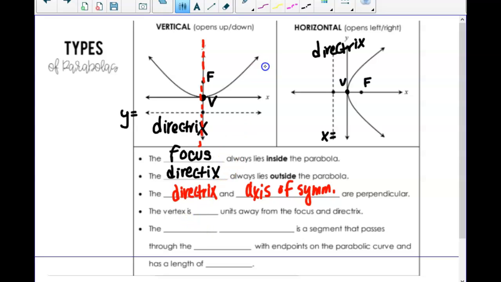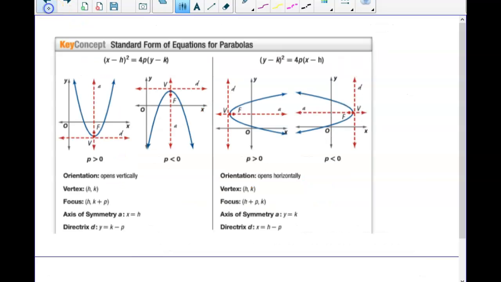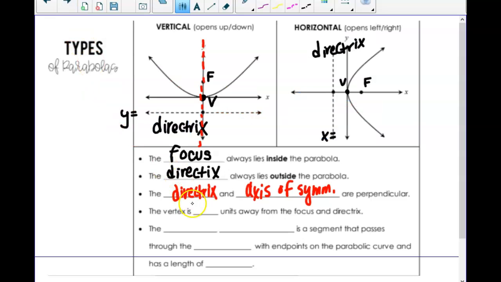All right, this is the biggie. There is a special number you are going to have to know and use. Did anybody look at the reference sheet? Was there a number or a letter on there that you don't recognize? P, this crazy P value, okay? The definition of P is that the vertex is P units away from the focus and from the directrix.